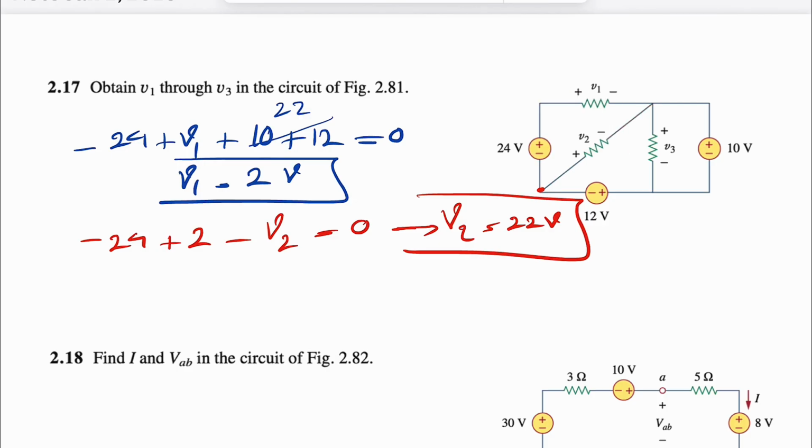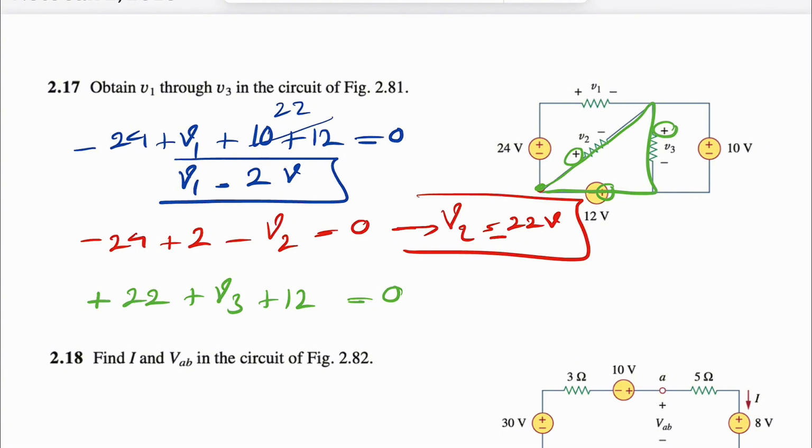And for the last one, we can consider this loop right here. Starting from the same point, we can go clockwise or counterclockwise. Same thing, plus V2, so plus 22. We enter the positive terminal of V3, so plus V3, and the positive terminal of the 12 volt source, equals 0.